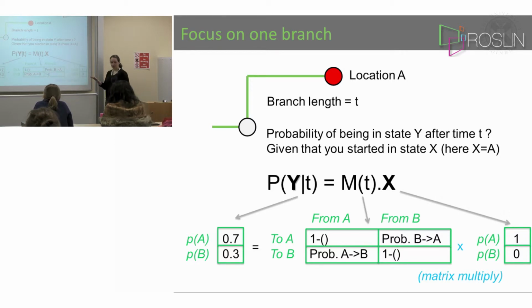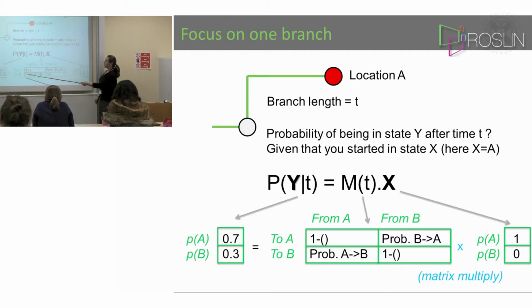And so when you see a bigger matrix, normally you don't put these in because they're obvious from all the other ones. So you have your transition rate matrix, and you matrix multiply it by your starting column vector for the first location, and then you get the probability of being still in A or turning to B according to the matrix.